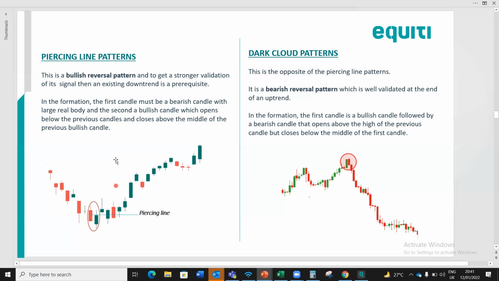All right. So for you to have the piercing line pattern, the first candlestick in the formation should be a bearish candle with a large real body. And then the next candlestick that is going to form should be a bullish candle, but it should form below. There should be a jump.